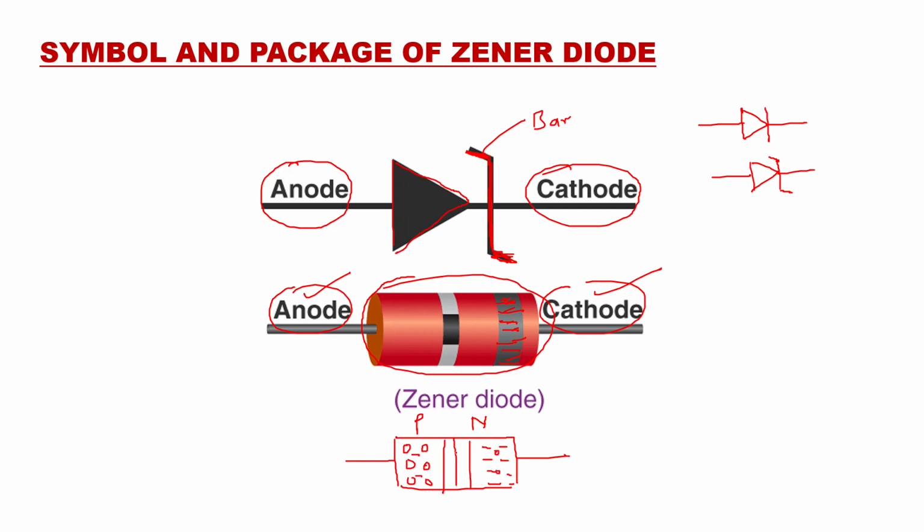There will be a depletion region here. These are negative ions and these are positive ions. So this is your anode terminal and this is your cathode terminal. So the structure, the package and the symbol, all three are shown here for Zener diode.